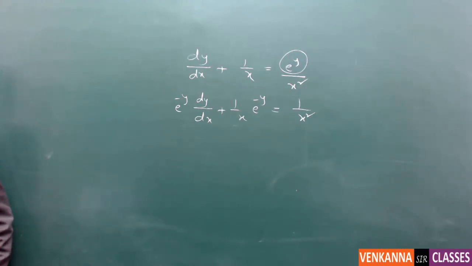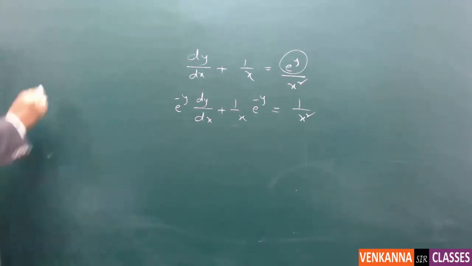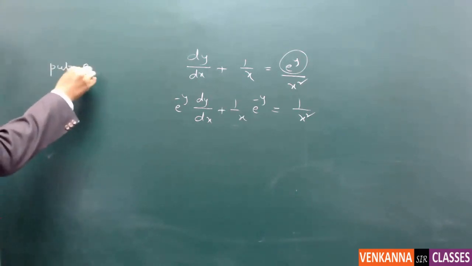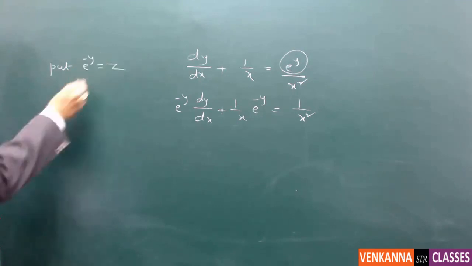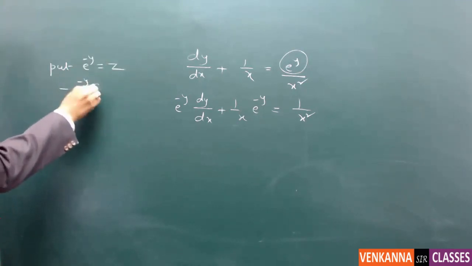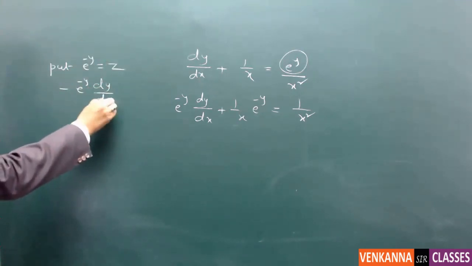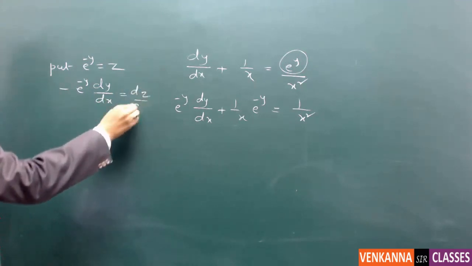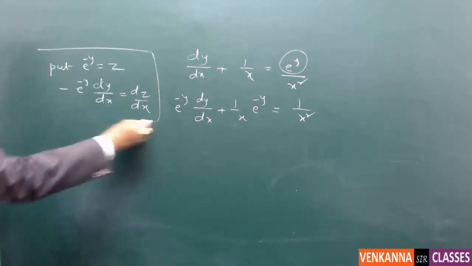I should introduce some variable that e power minus y must be z. Accepted? So I put that e power minus y is equal to z. So minus e power minus y into dy by dx is equal to dz by dx.